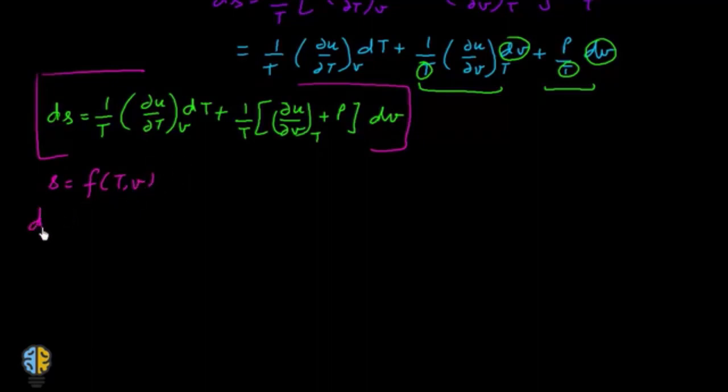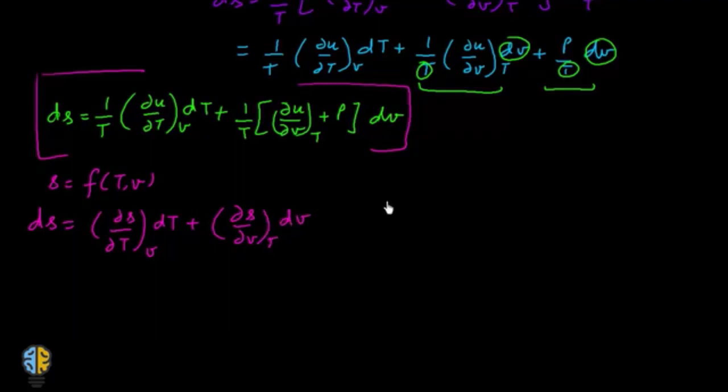Similarly, I can find dS, which would be equal to (∂S/∂T) at constant volume times dT, plus (∂S/∂V) at constant temperature times dV. Let us denote this as equation 1 and the earlier one as equation 2.